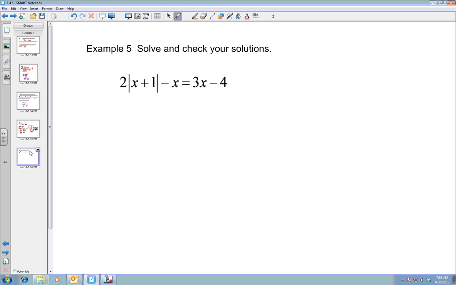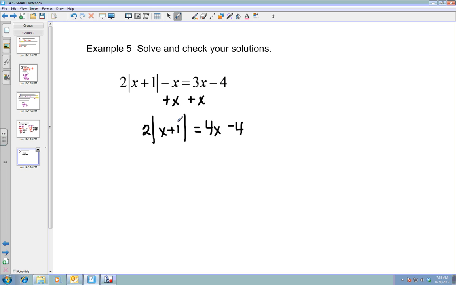Okay, last one. First thing we're going to do is isolate our absolute value. So you always add or subtract first. So I'm going to add x to both sides. So now I have 2 times the absolute value of x plus 1 equals 3x plus 1x, 4x minus 4.